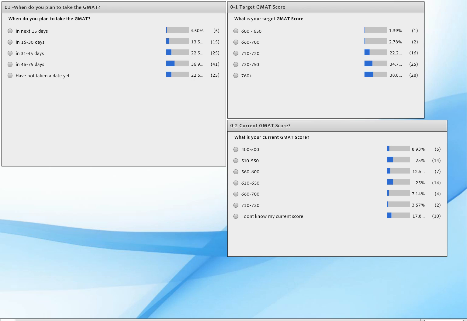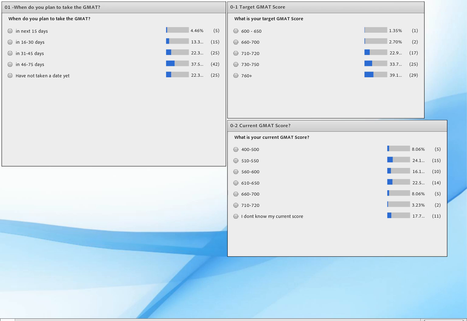If you're looking for a scholarship or a fellowship, that probably is the score that you should aim for, the 750, 760 scores. And then a good number of you are in the 730 to 750 range as well, as well as in the 710, 720 range. In fact, about 72, 73% of the class is upwards of 730. And only about 3 or 4% of this group is in the 600 to 700 range.